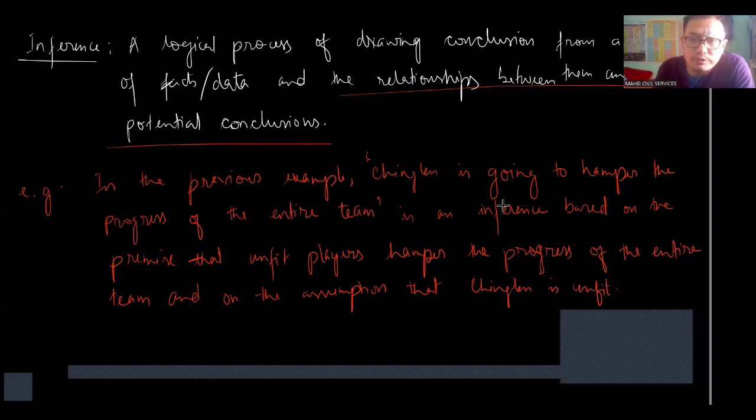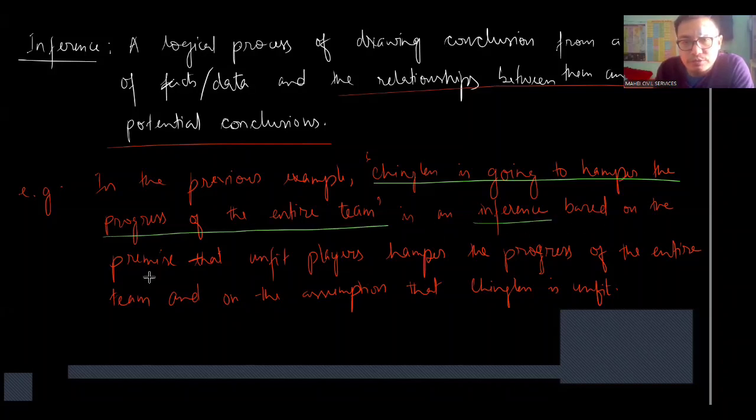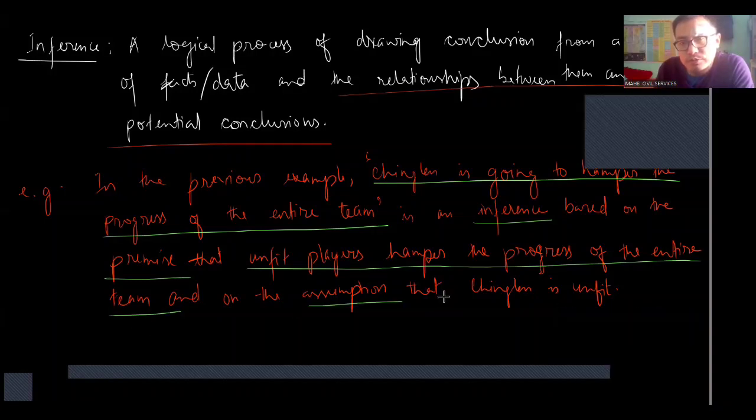So it is very important: Chinglen is going to hamper the progress of the entire team is an inference based on the premise that unfit players hamper the progress of the entire team, and on the assumption that Chinglen is unfit.